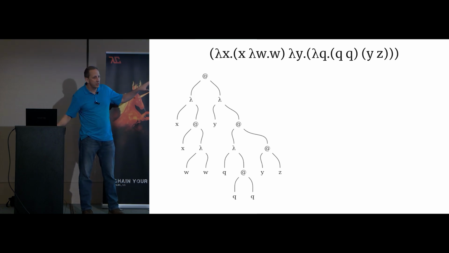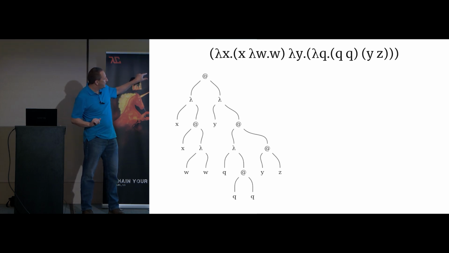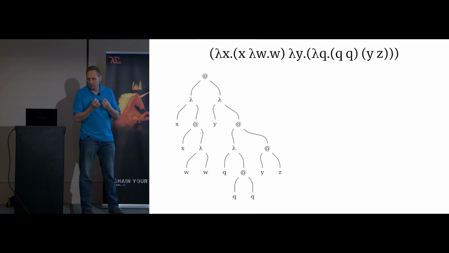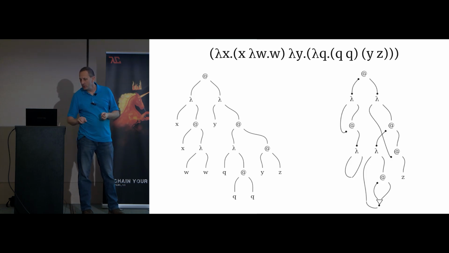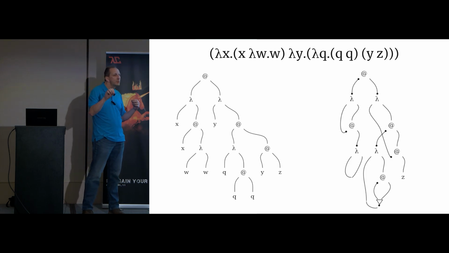If you take this tree, it's literally a tree, and all of the variables are just where the edges will connect. So you can eliminate the variables and just replace them with edges that connect from one location to the other where the variable appears. And then you move from that tree to this graph.